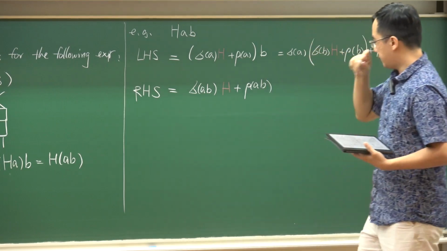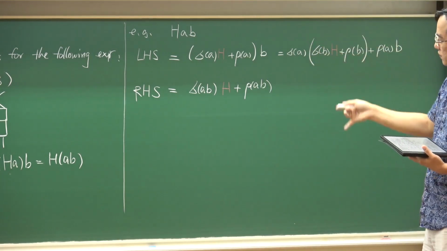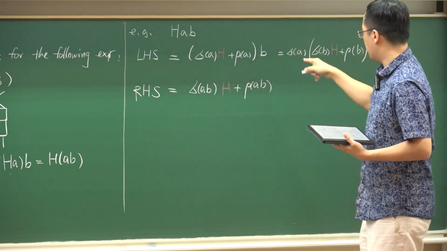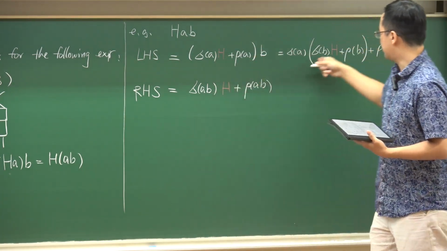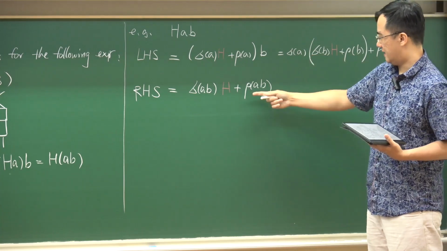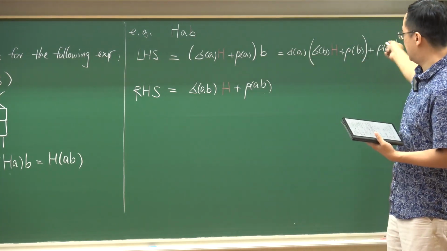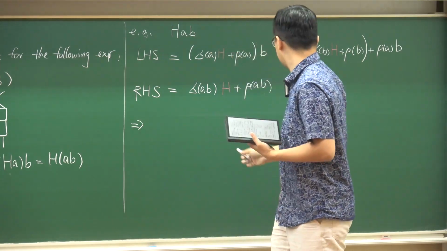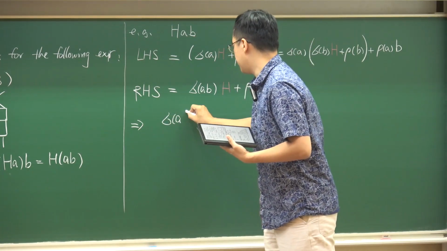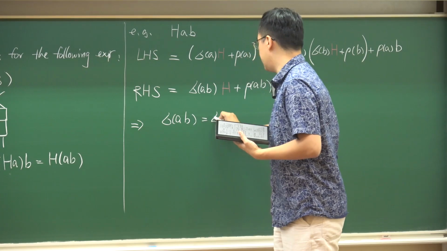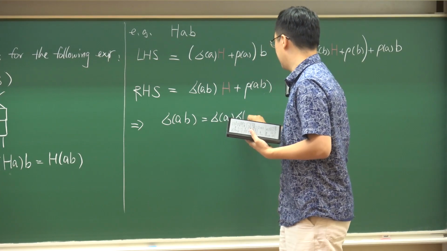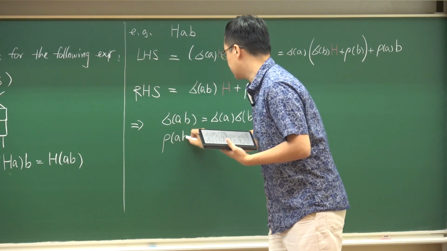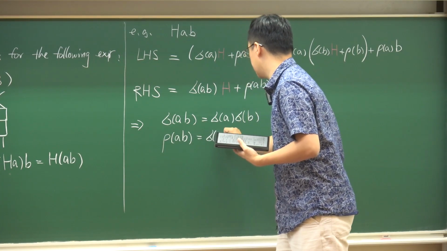So in order to have the two sides match, you must choose your sigma and rho such that this equals that, and the term without H equals the other constant terms. So you get the requirement that sigma has to be a group homomorphism, and then rho has to be a sigma derivation.